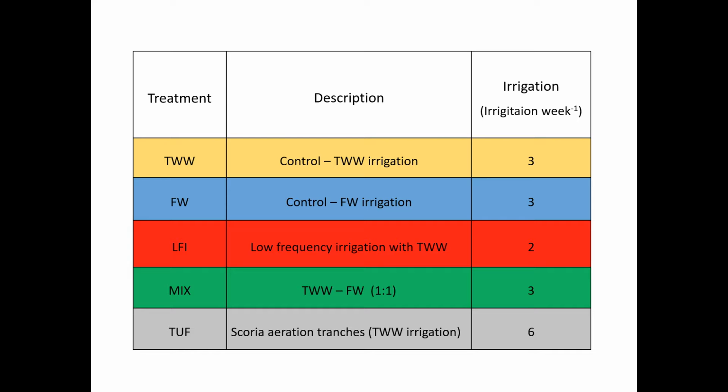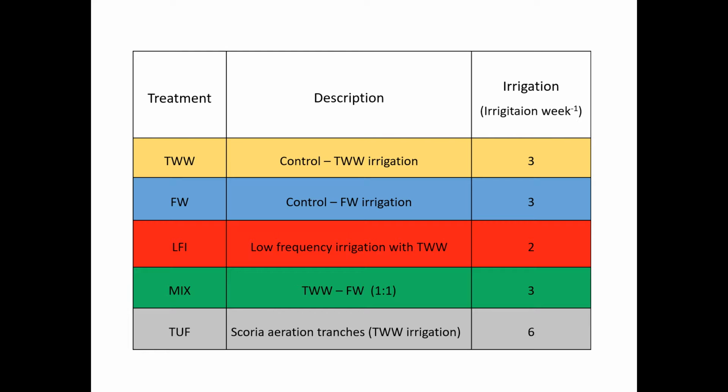Another treatment was a mixture of freshwater and treated wastewater in a ratio of 1:1. The purpose of this treatment was to improve the general quality of the water that we put into the soil. And the last one was aeration trenches made of scoria rocks.